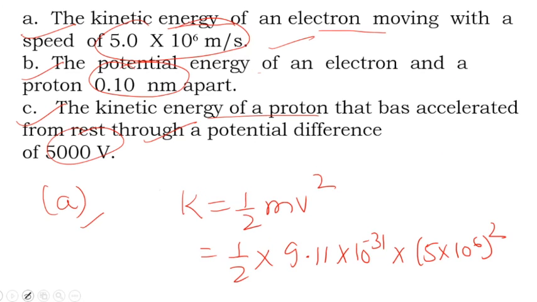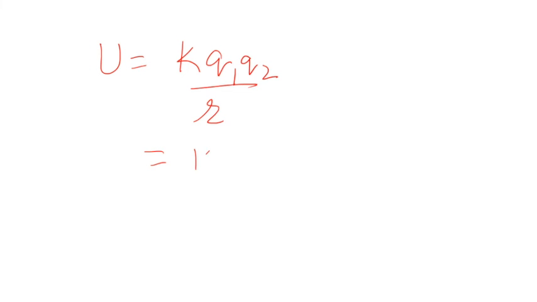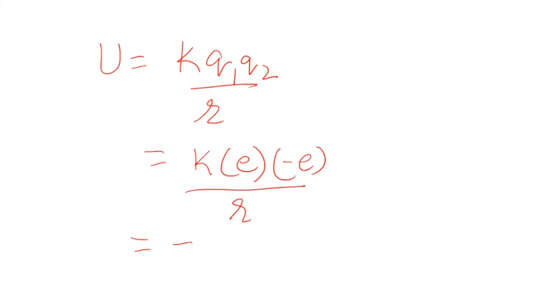It says the potential energy of electron and proton which are these much distance apart. So you know the potential energy formula between two charges is K Q1 Q2 divided by R. So the charge of proton is plus E, the charge of our electron is minus E, divided by R. Okay, so you put K value, which is 9 into 10 to the power 9.